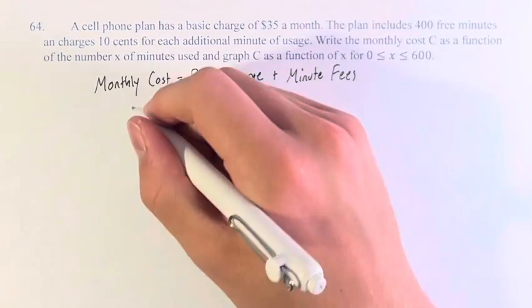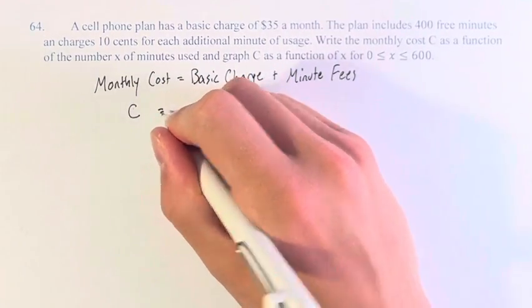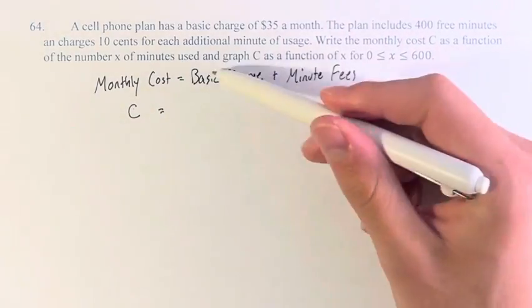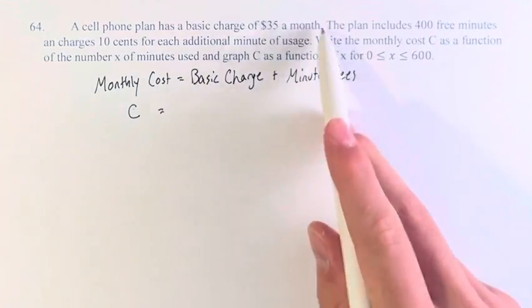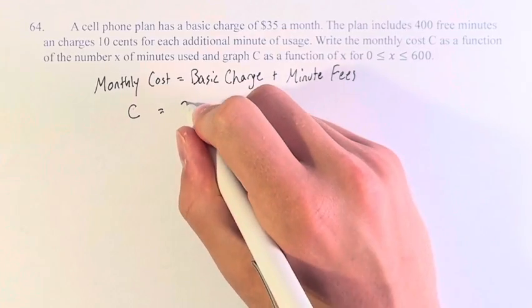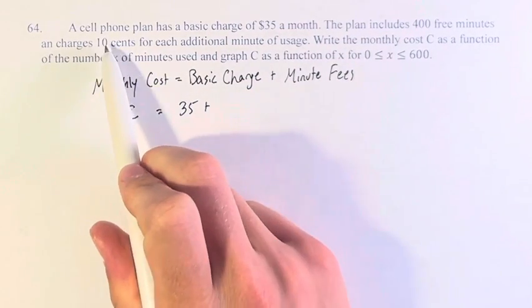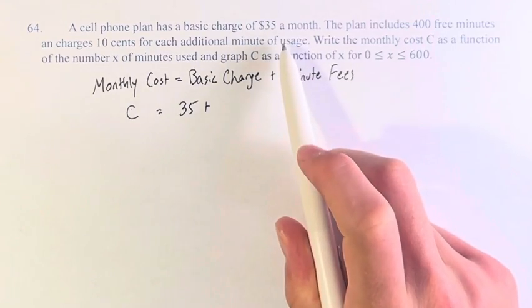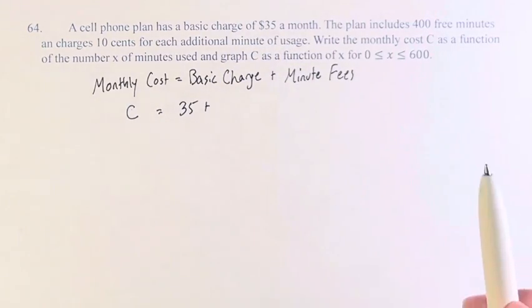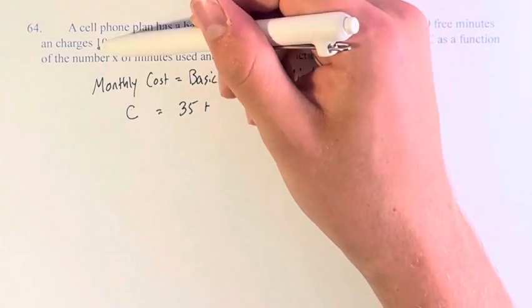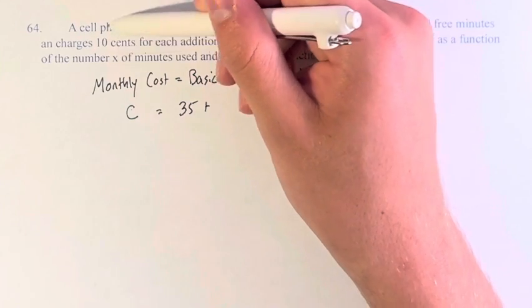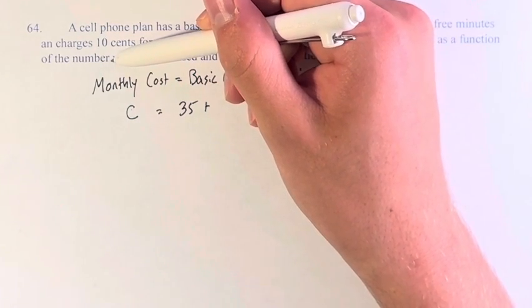So the monthly cost we're going to have represented by C, and this is equal to our basic charge of $35 a month, which is not changing, so that's just 35, plus 10 cents for each additional minute of usage. So this is $0.1 times x, the number of minutes used.